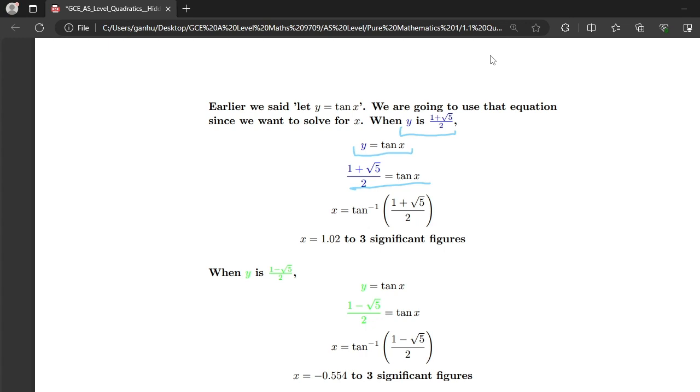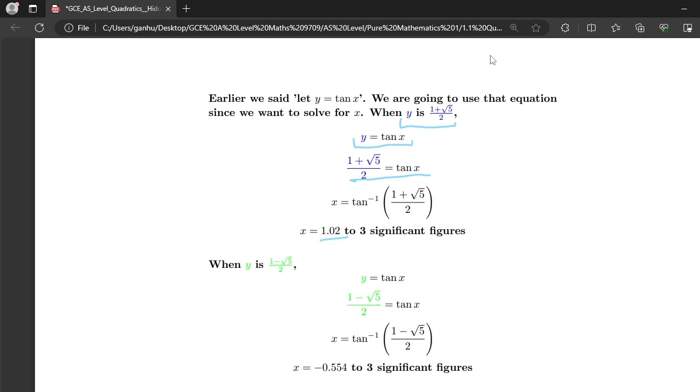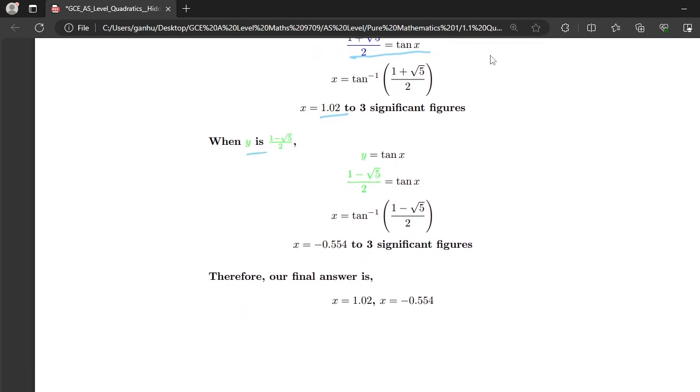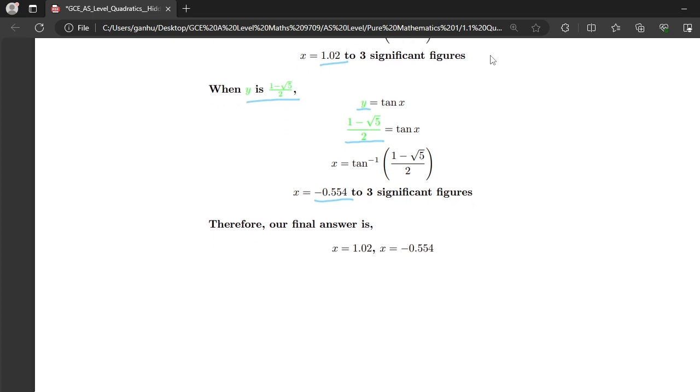And then here you solve for x and you get x is equal to 1.02. We do the same for when y is 1 minus root 5 over 2. Substitute y with 1 minus root 5 over 2 and equate it to tan x. So solving for x, you get x is equal to negative 0.554. And that is your final answer.